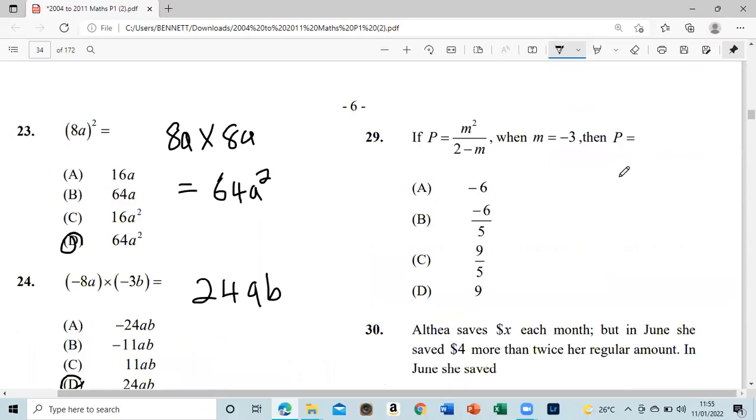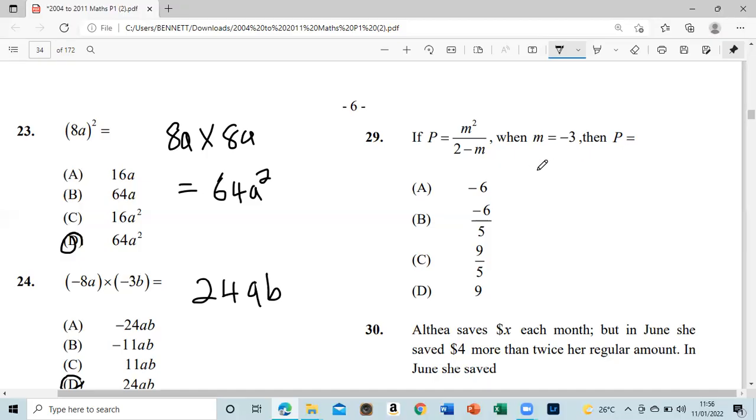All right, so number 29 says, go ahead and try that. If p is equal to m squared divided by 2 minus m. All right, so what did you guys do?